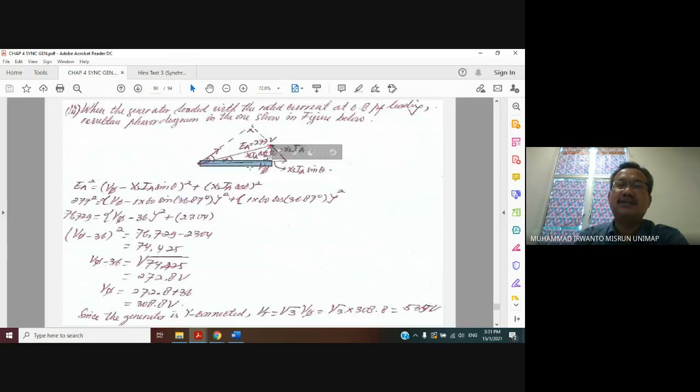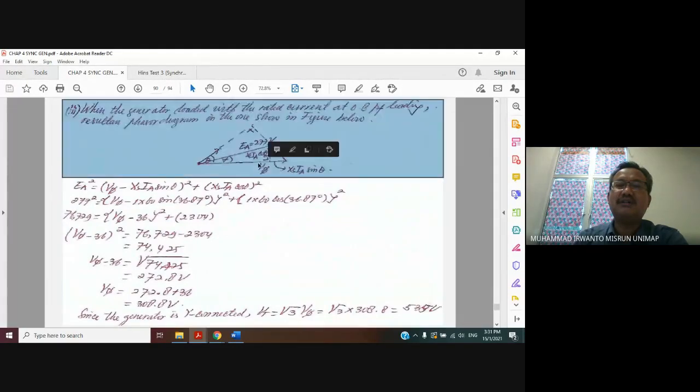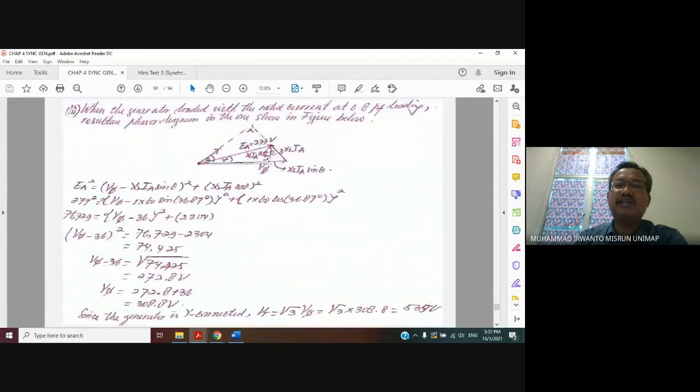If we draw like this, first you draw the phase voltage here. After that you draw IA with the angle 36.87.